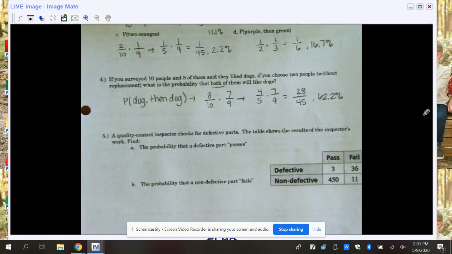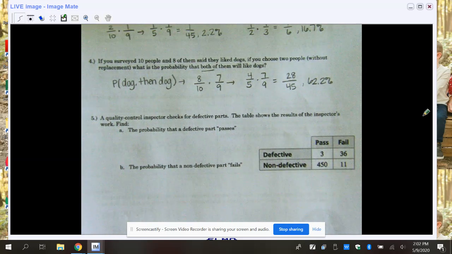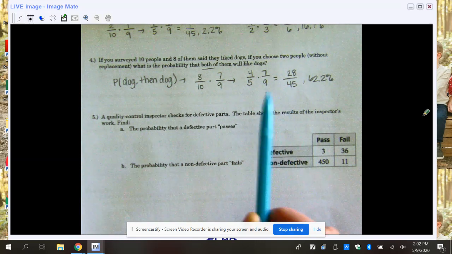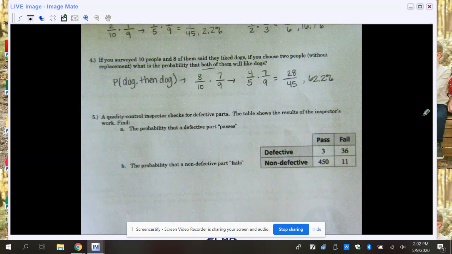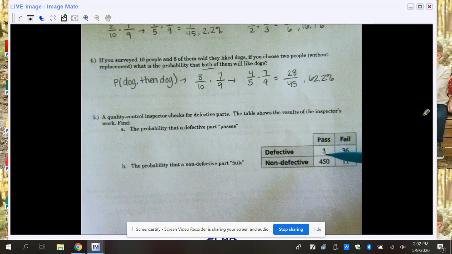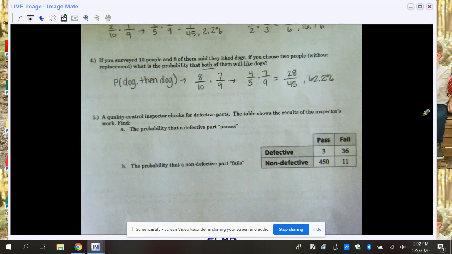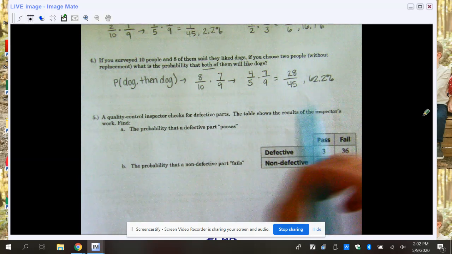All right, so this last example is kind of this idea put together though as a table. So the probability will be a little bit different here because we can make some conclusions from the table. So what I mean by that is, this is a quality control inspector checks for defective parts. The table shows the result of the inspector's work. Find the probability that a defective part passes, okay? And so we are looking only at a specific section of this table.